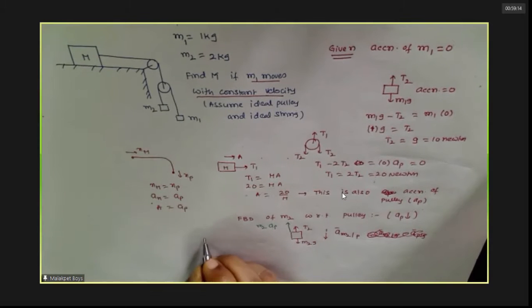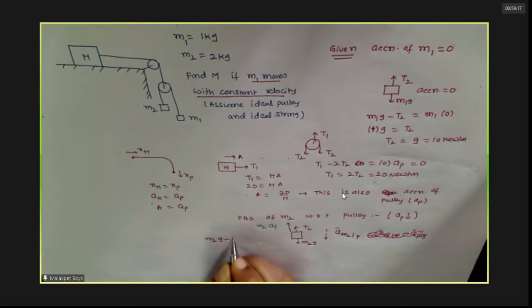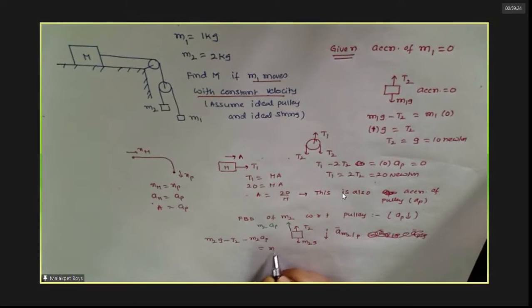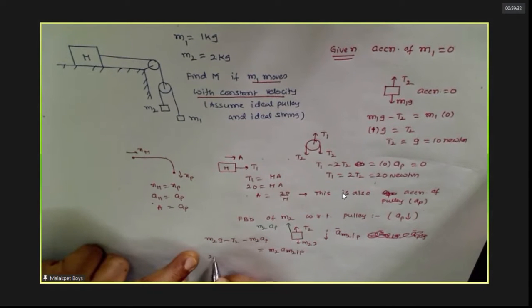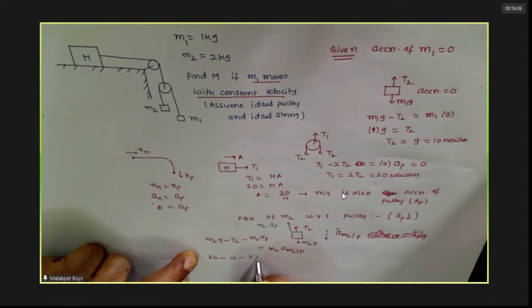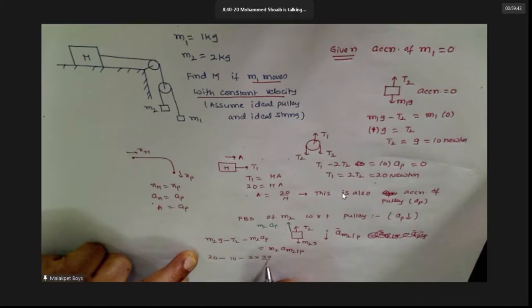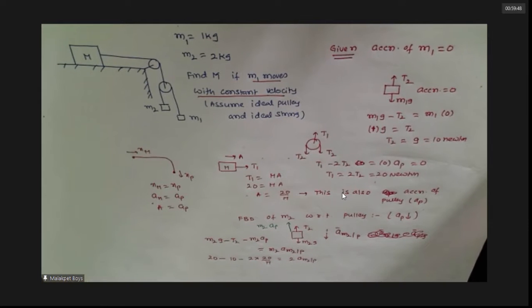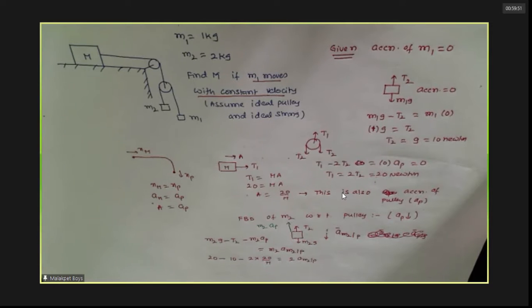Write this equation. Any doubt in this? 20. T2 is how much? 10. M2 into what is AP you got? A only, no? Understood this?